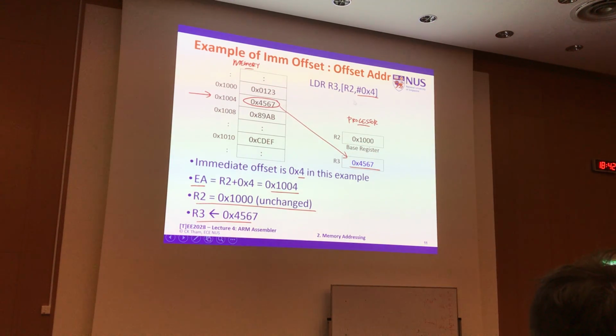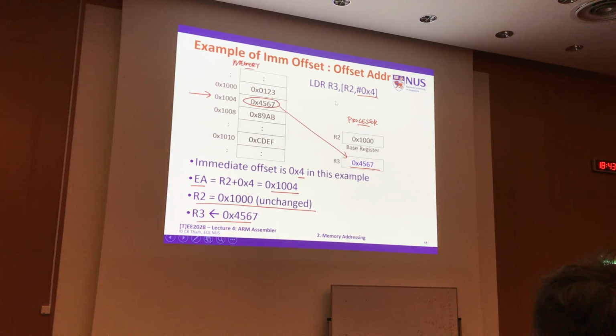In this example, R2 is the base register. We'll see this base register again and again. Later on, I'm going to show you some past exam questions that require the use of load with immediate offset. It's useful to think of certain registers within the square bracket as the base register.